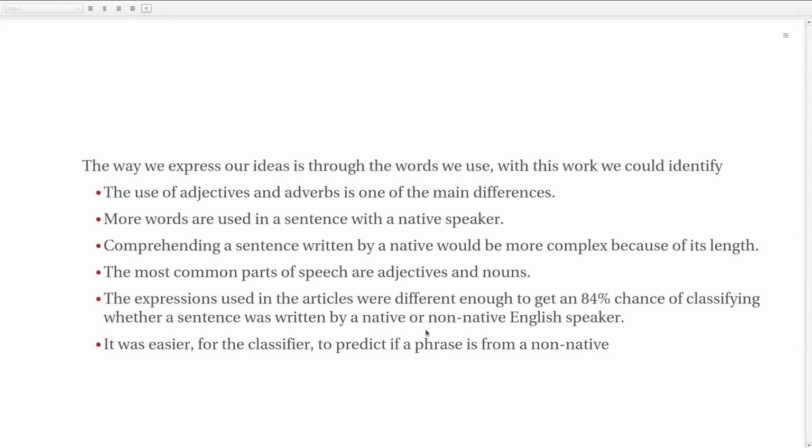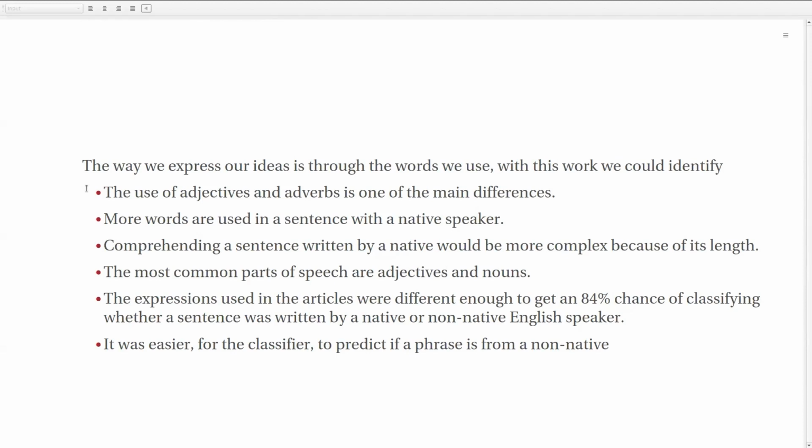So our conclusions are that the way we express our ideas is through the words we use. With these words, we could identify many points. For example, the use of adjectives and adverbs is one of the main differences between native and non-native speakers. More words are used in a sentence by a native speaker, and that's why I think it's harder to comprehend these kinds of phrases.